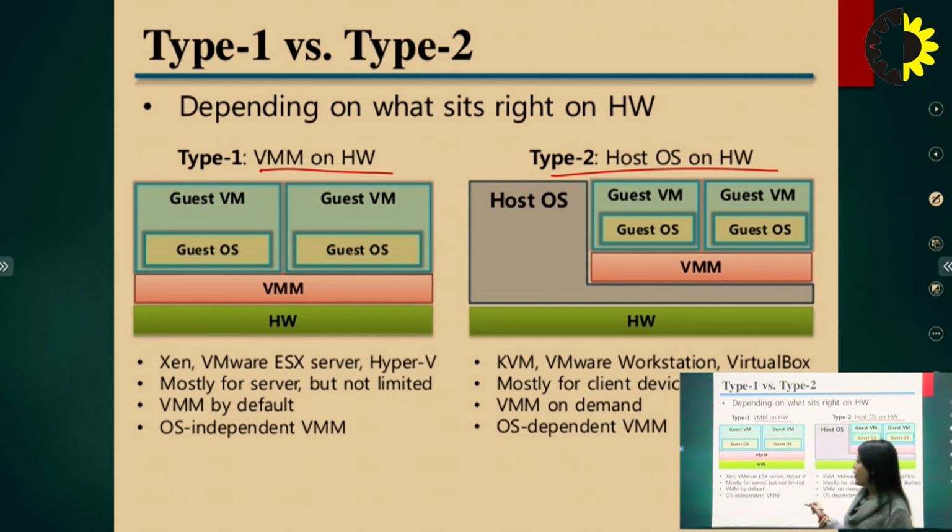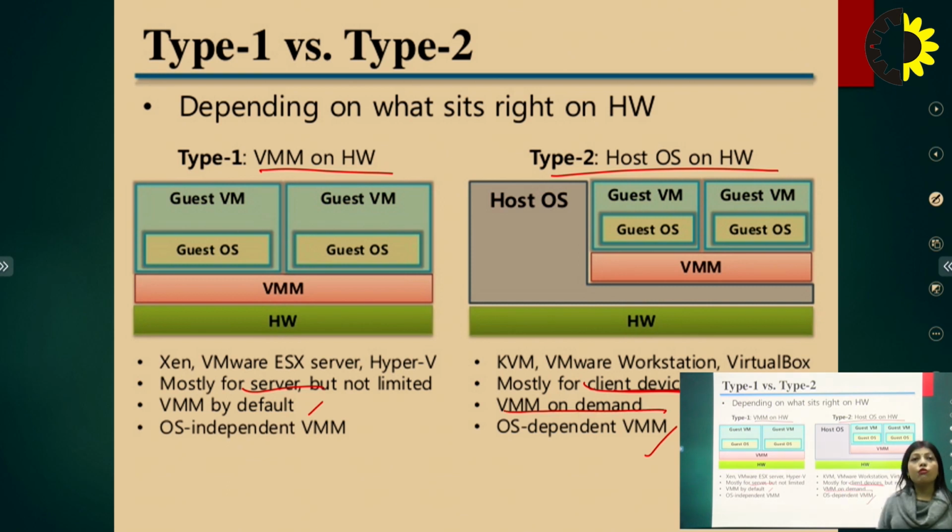In type 2 we have KVM, VMware Workstation and VirtualBox, mostly for client devices. Type 1 is for the server and type 2 is for client devices, but not limited.